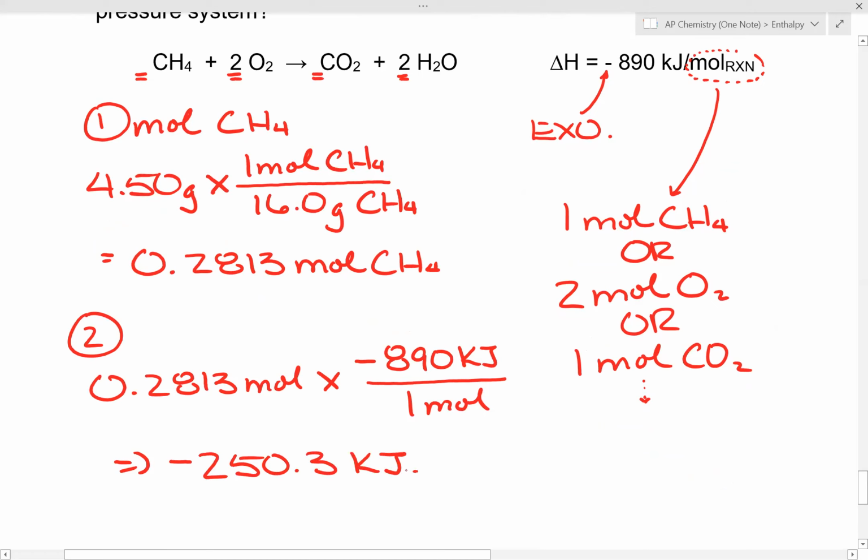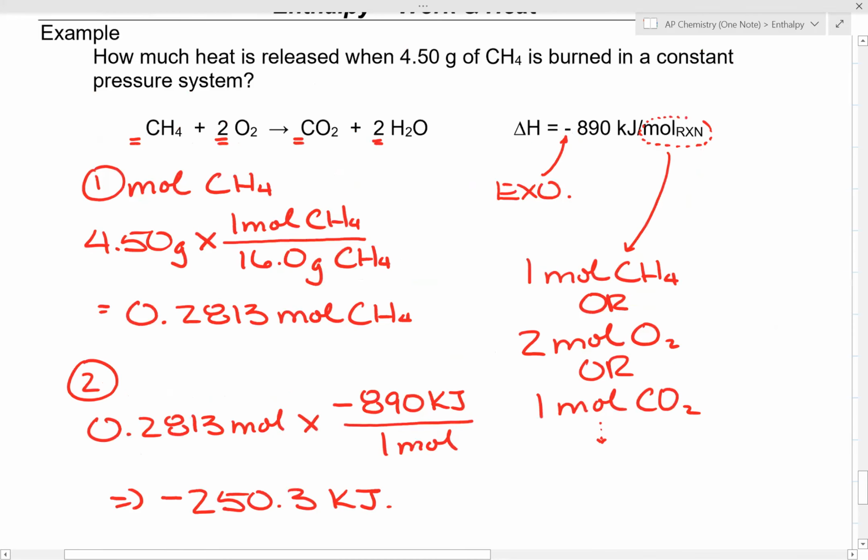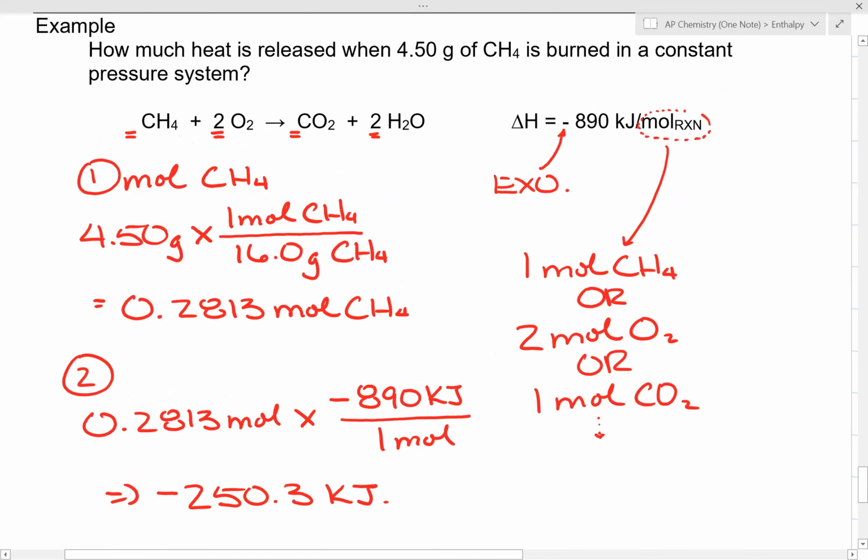Again, what does the negative mean? It just means that it is an exothermic reaction, and it corresponds to the question when it says heat is released. So that also reconfirms that it's an exothermic reaction.